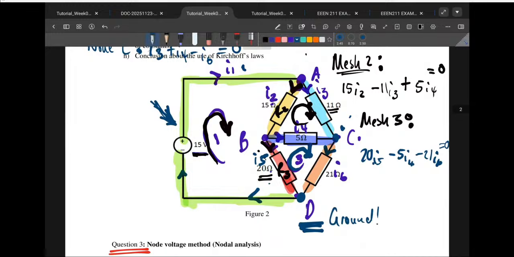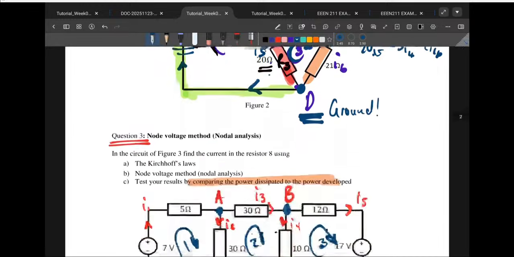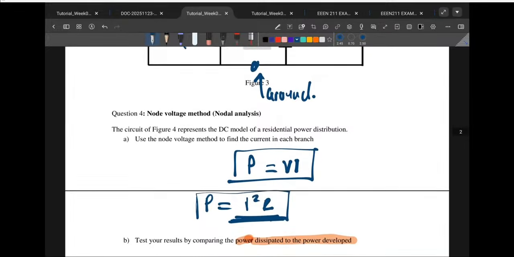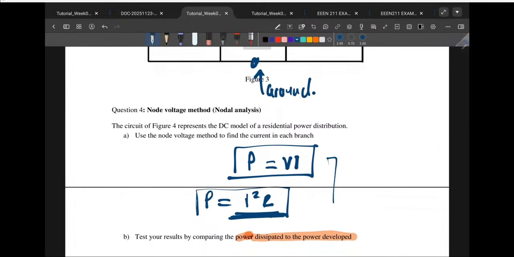If there is no source, then we don't talk about it. You just say V times the I in that branch, and it will give you the power that is developed. Power generated is just in each of the branches. Don't forget it. Then you'll be comparing to see if it's going to be the same.